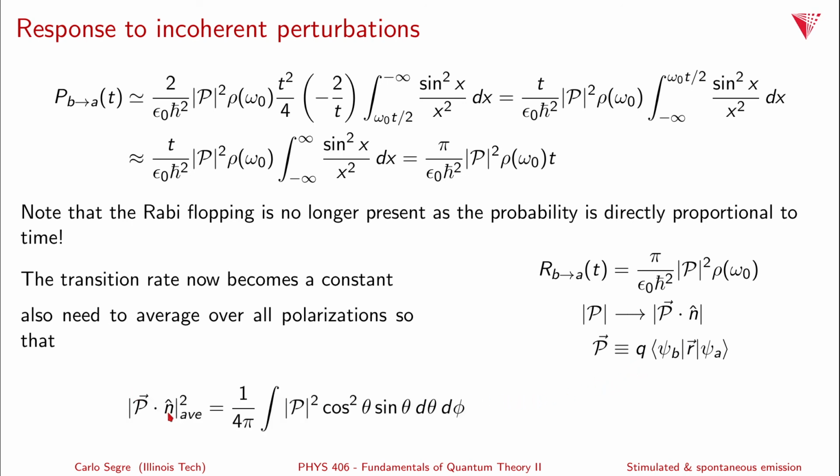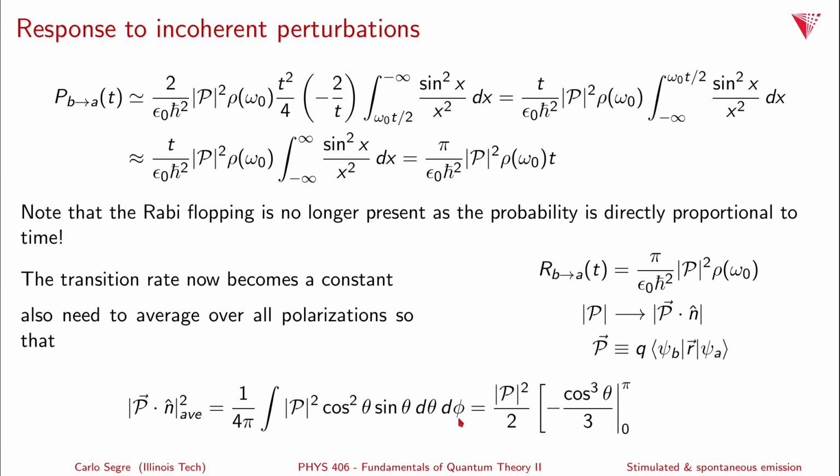So if we want to calculate p dot n hat averaged and squared, then we can do an integral. We integrate over 1 over 4 pi times p squared cosine squared theta sine theta d theta d phi. And that's just integration over all possible angles.